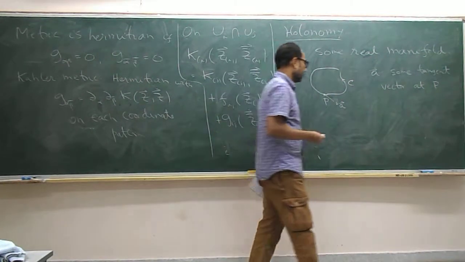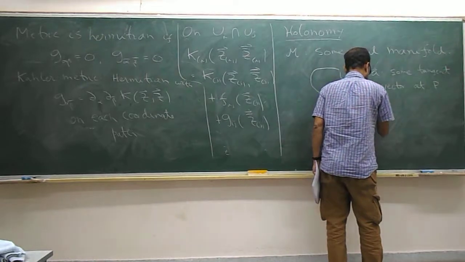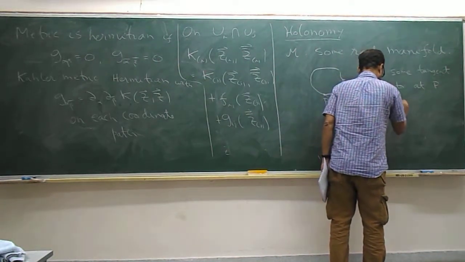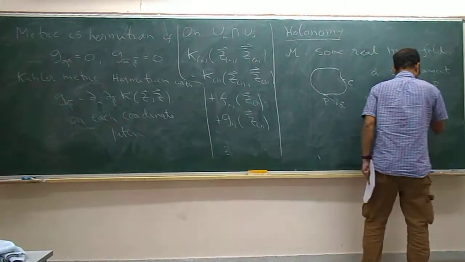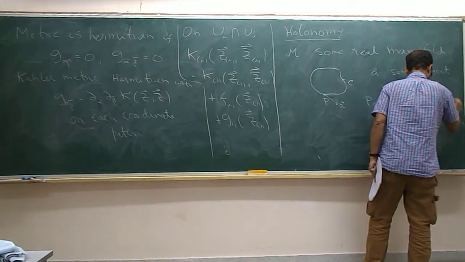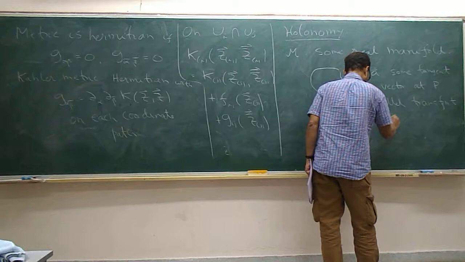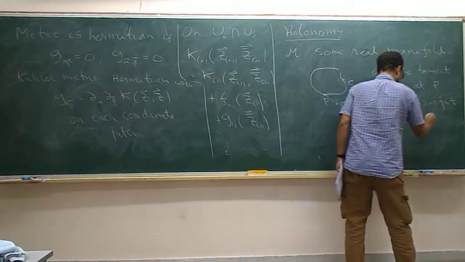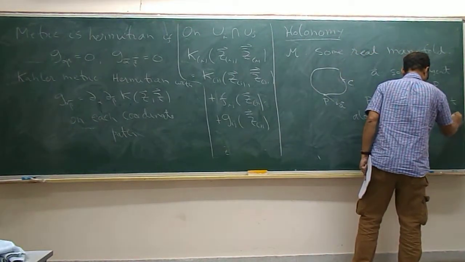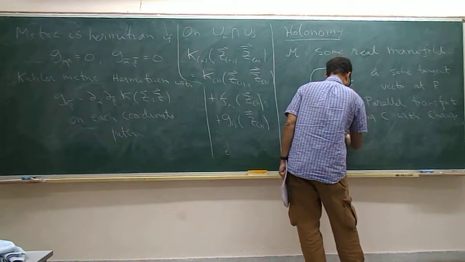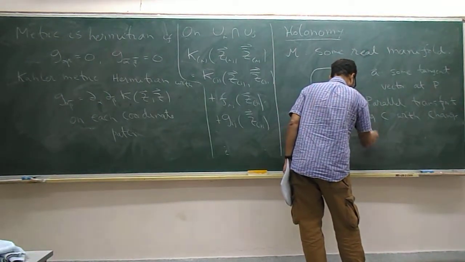So parallel transport along C will change A to some other vector A prime.